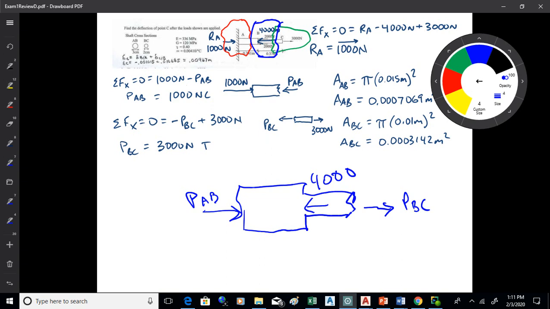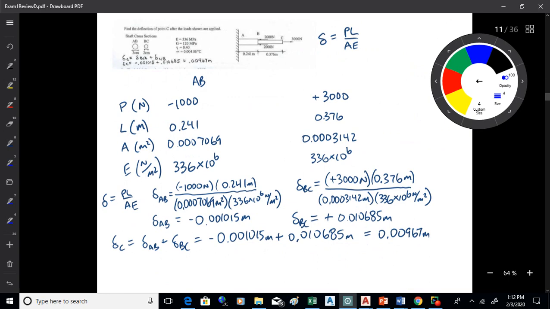Okay. Find those internal forces, because that's what causes the object to act how it does between A and B, and then between B and C. I found the areas. And then I think I probably just put together a table. There you go. So I've got the load, the length, the area, and the E. And I just run those numbers for each section. I get delta AB is negative 0.001015.